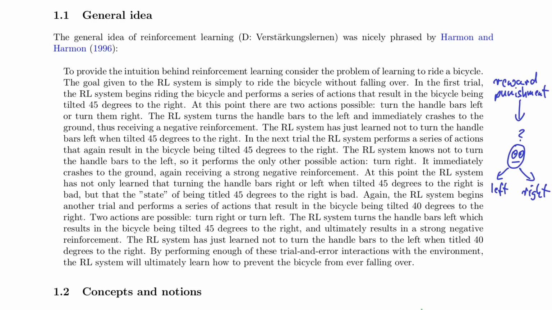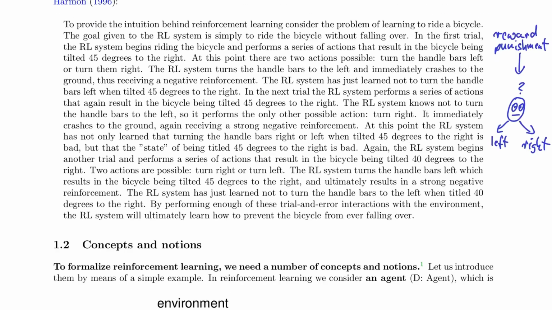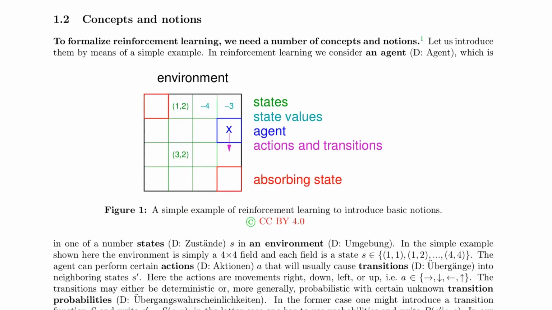So I recommend to pause here for a moment and read this very nice short description of the essence of reinforcement learning. However, I will go straight to the more formal description and use this didactic example for that.